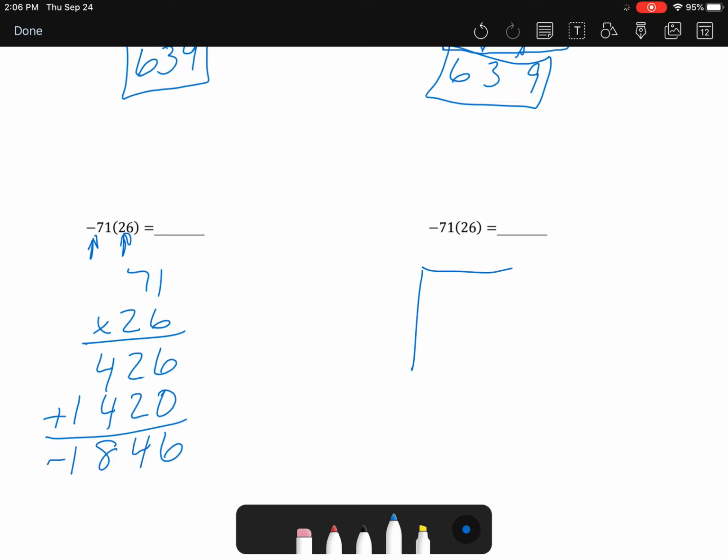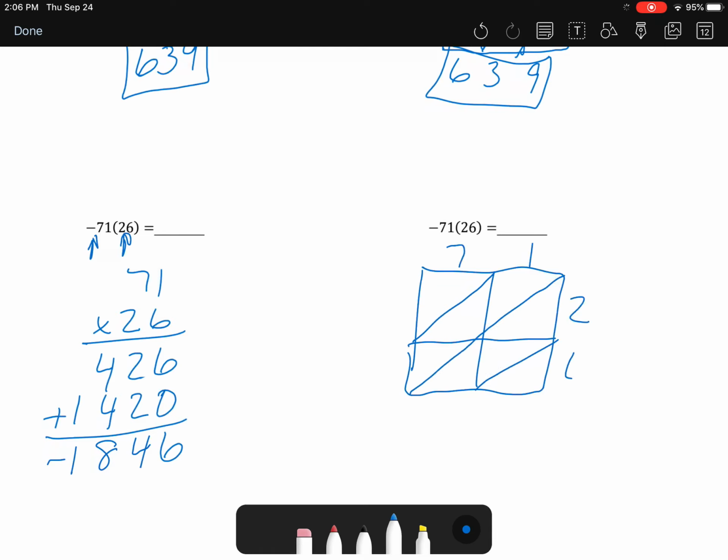And then real quick, just looking at it through the lattice lens. 71, 26. I'll start off with 1 times 2, which is 2. 7 times 2 is 14. 6 times 1 is 6. And then 6 times 7 is 42. Again, I'm going to go through and add up these little diagonals.